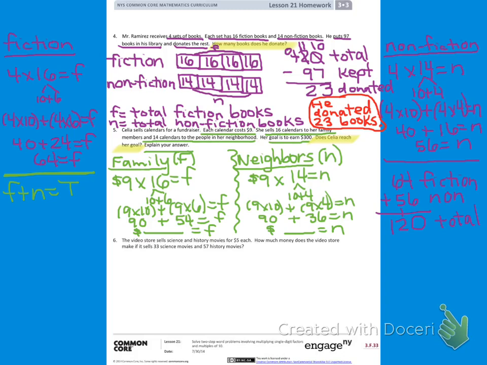Go ahead and put the amount right here for family plus the amount right here for neighbors, and that will be your total. We need to use dollar signs, so I had to write those in. And T is total.